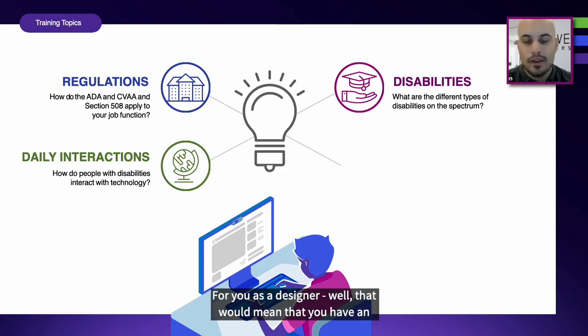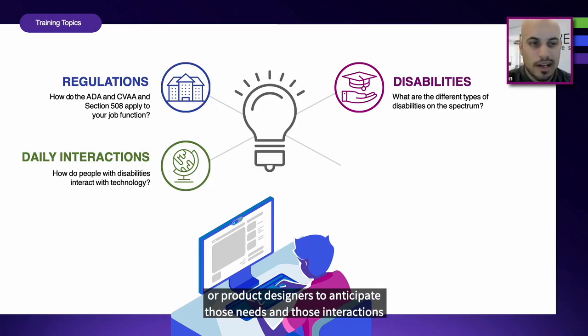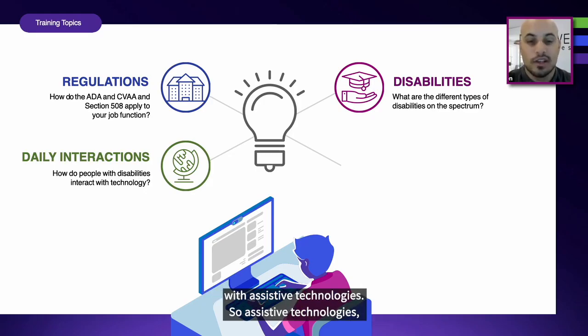Well, that would mean that you have an understanding of how people with low vision might see content, right? Will it be blurry or will it be spotty? Will they need to zoom in or will they need to change the fonts or colors? What are some of the ways that low vision manifests so that we can be better prepared as product managers or product designers to anticipate those needs and those interactions with assistive technologies?